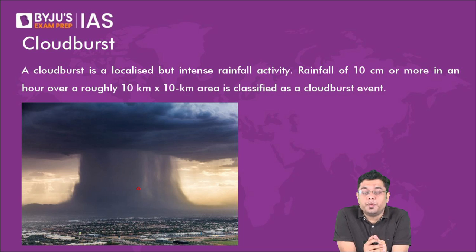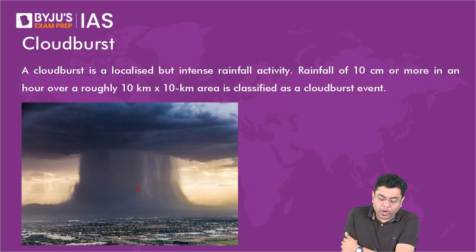That is cloudburst. So in the case of a cloudburst, you have an excessively large amount of rainfall received in a short span in a smaller area. So a cloudburst is localized but intense rainfall activity.